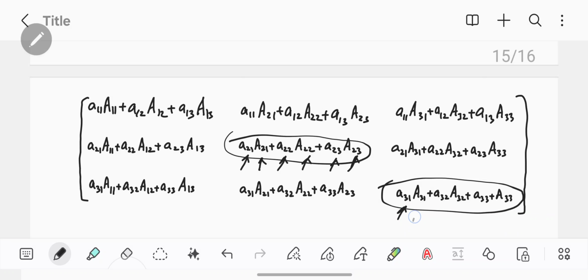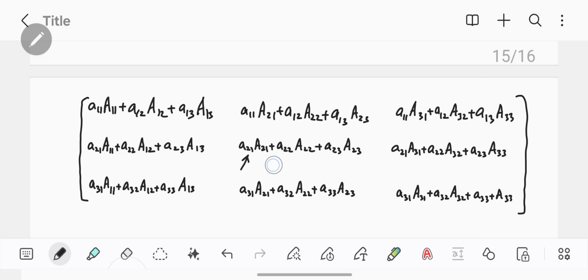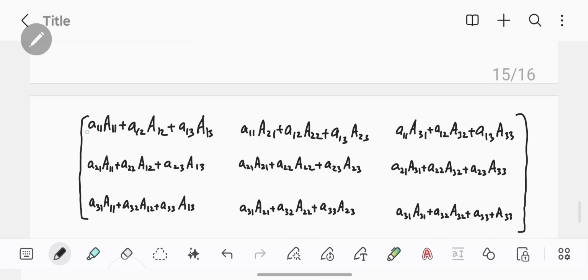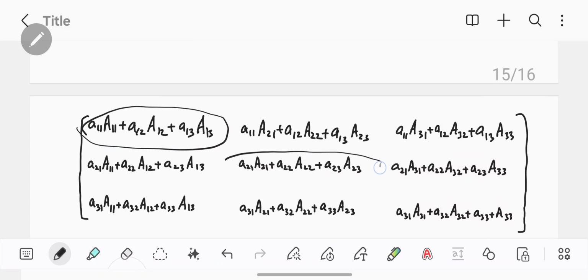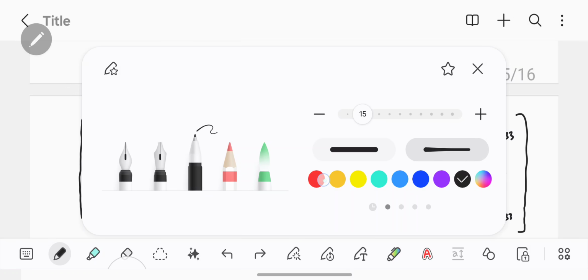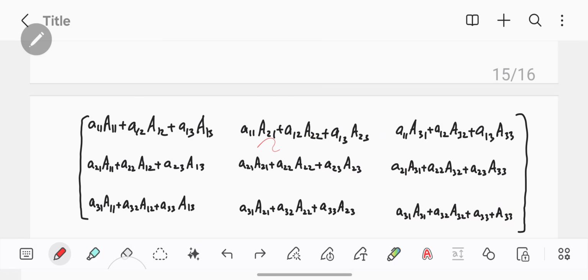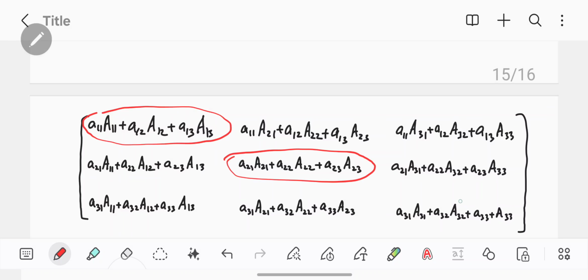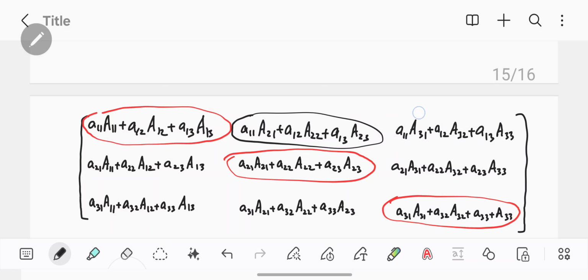Also here both are A31, both are A32, both are A33. These are the diagonal entries, because here the pivot entry is this one, here the pivot entry is this one, and here the pivot entry is this one. So these are the three diagonal entries. If you look at the non-diagonal entries, the entries other than these, the indices are not the same.